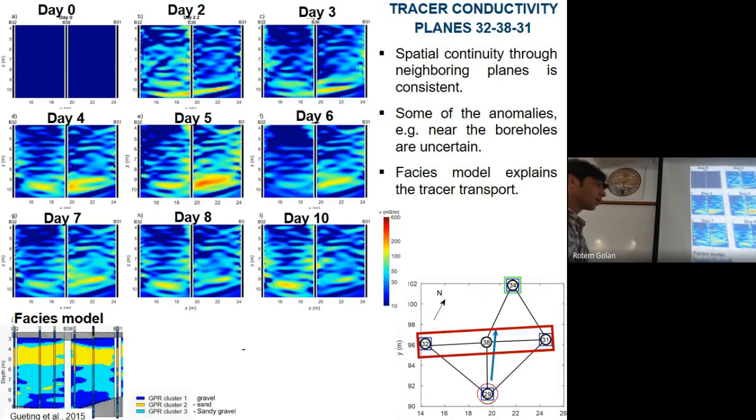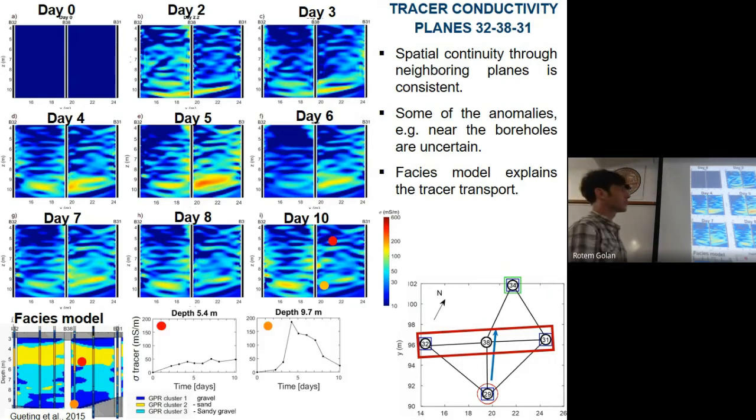Also, another way to see the validity of the results: this is a previous facies model. In yellow, this is sand. Turquoise is gravelly sand, and blue is gravel. And what we see from our tracer results is that most of the plume traveled at the bottom, below 8 meters, which is in agreement with this model.